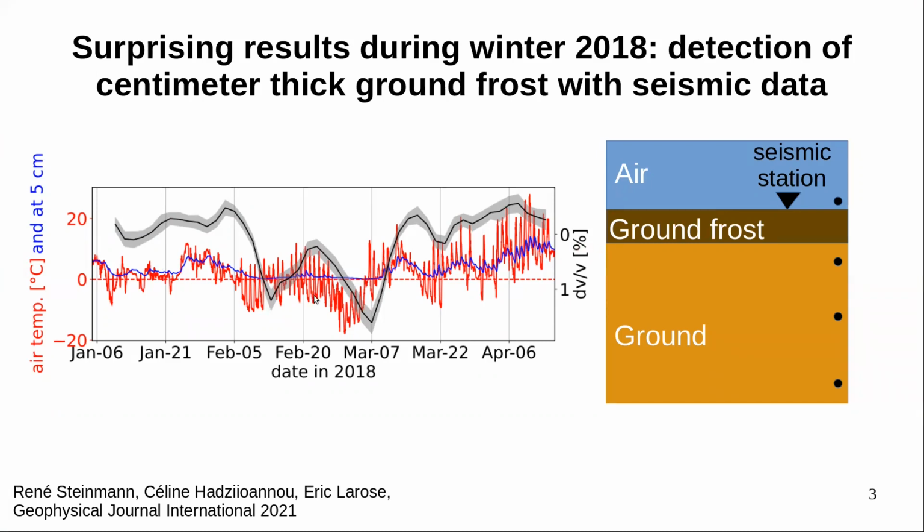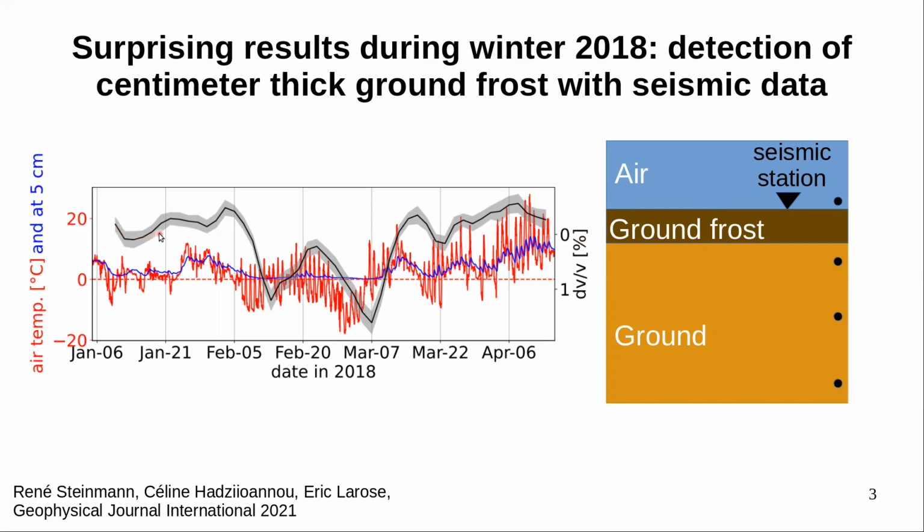We can see that during February, we had quite cold nights, but also cold days with freezing air temperature. However, the sensor at 5 centimeter depth never goes below 0 degrees. That means that if we have a layer of ground frost, it doesn't reach below 5 centimeter depth. So it's only a thin layer of ground frost we have here.